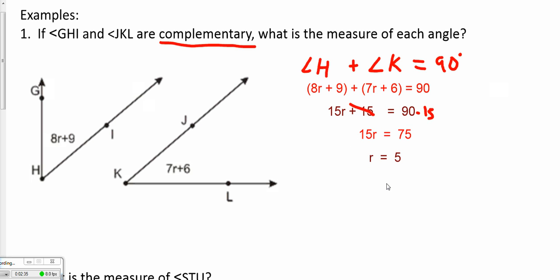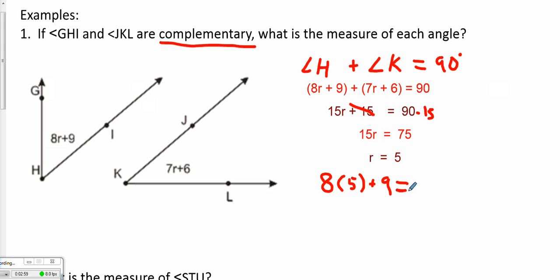That doesn't necessarily mean we're done, though. We still don't know how big this angle is and how big this angle is. We still need to finish this off. To figure out how big this is, we would do 8 times 5, right? Because 8r, so 8 times the 5 plus 9.